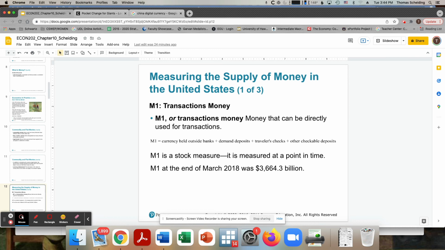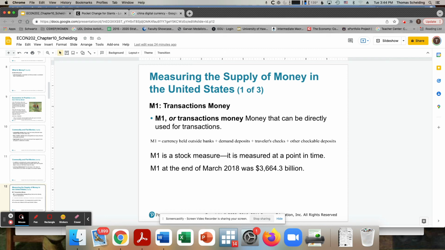Now, in terms of defining money and how it exists, the first level of money, called M1, is the level where things are most liquid. And by that we mean it's basically cash. It's immediately usable for transactions.